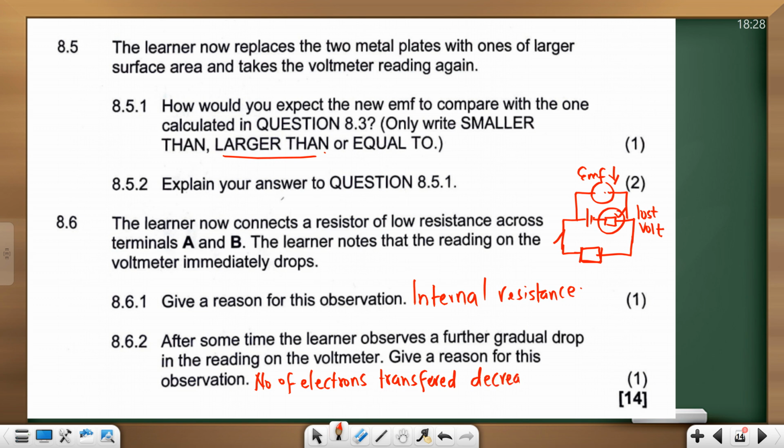The number of, something is wrong. What should we say? Number of electrons transferred per unit time decreases. And this will continue until you get to a point where you call a flat cell.